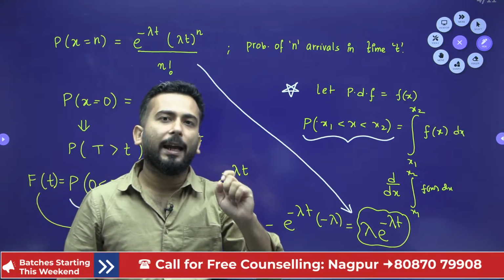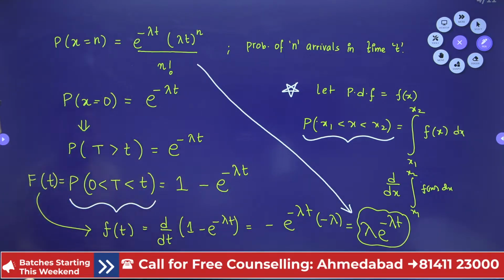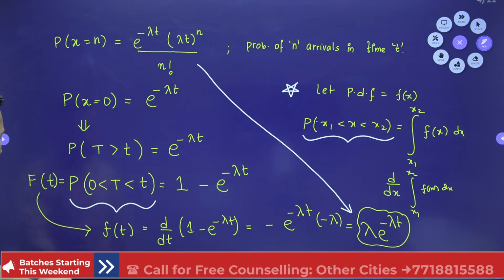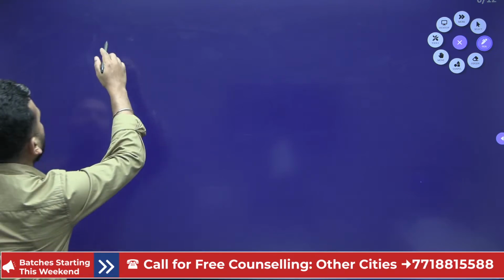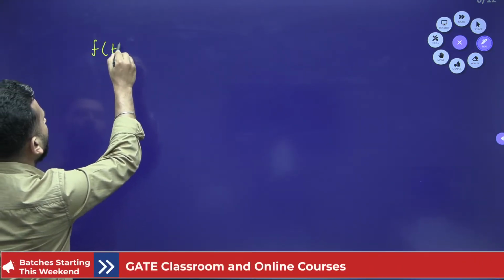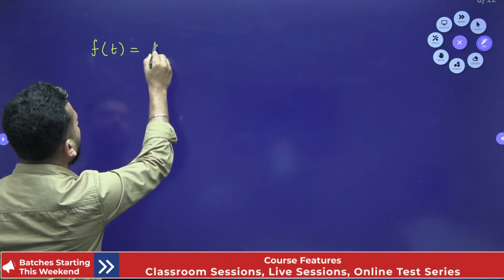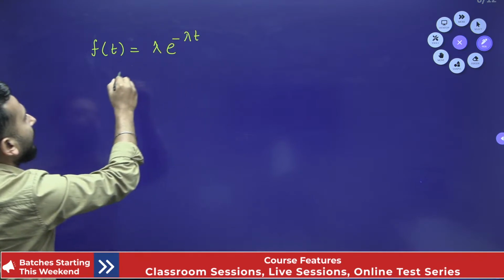But here is some hack, my dear friends. There is some trick over here. Let me tell you what. What is the exponential function? The exponential function is lambda e to the power minus lambda t.